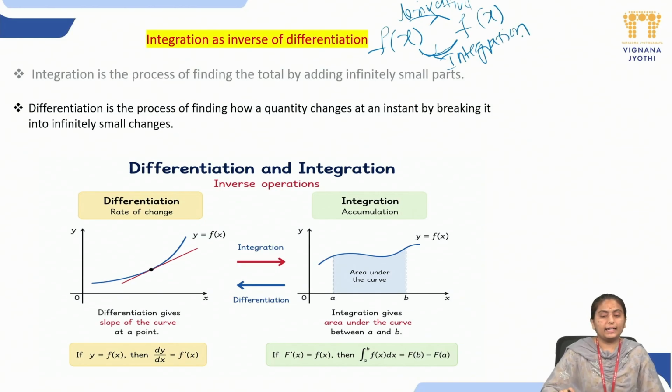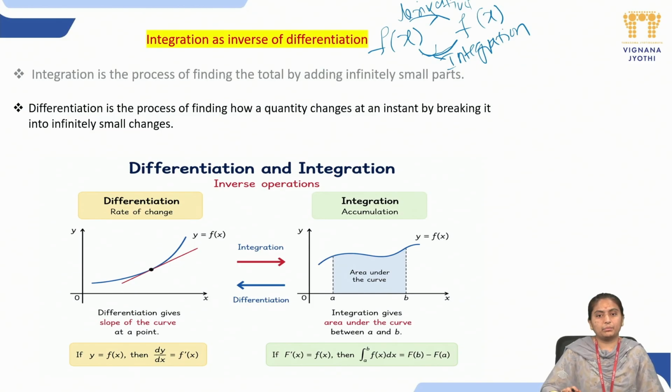So you can see here, integration is the process of finding the total by adding infinitely small parts, whereas differentiation is the process of finding how a quantity changes at an instant by breaking it into infinitely small changes.